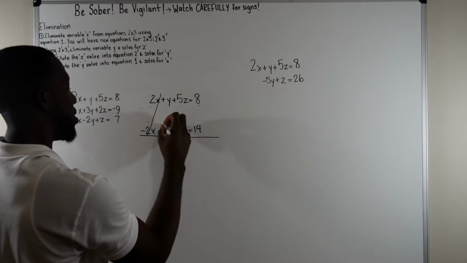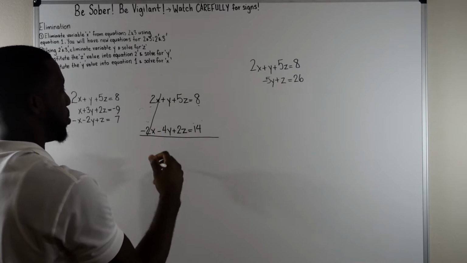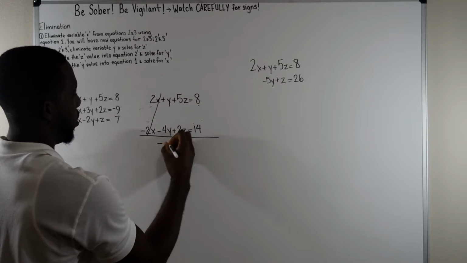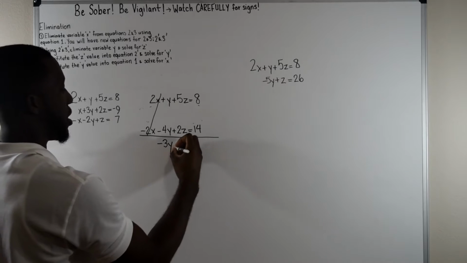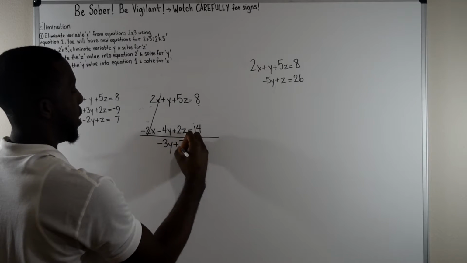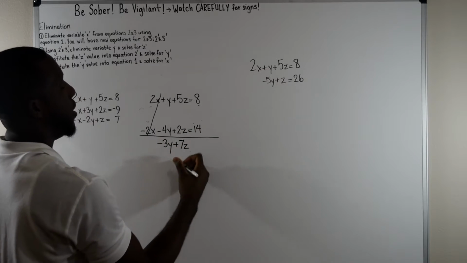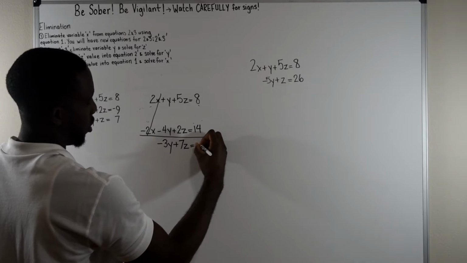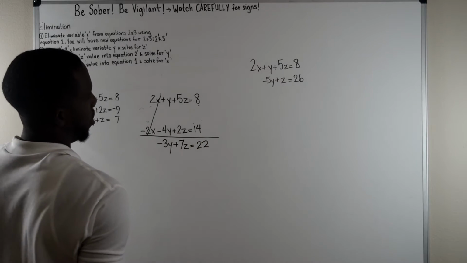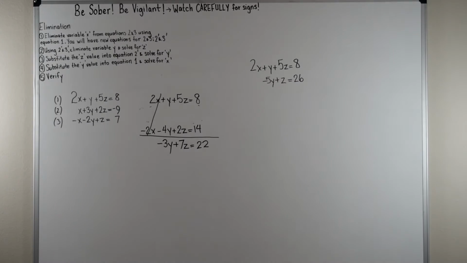And then we got this, the signs are different, so we subtract and keep the sign of the bigger number. Okay, the signs are the same, so we're gonna add. And then the signs are the same, so we add, so gonna get 22.